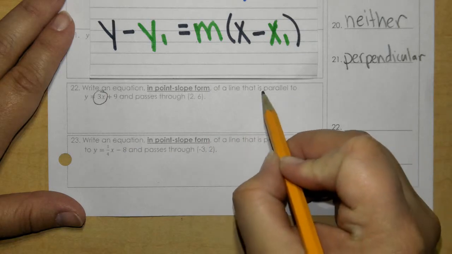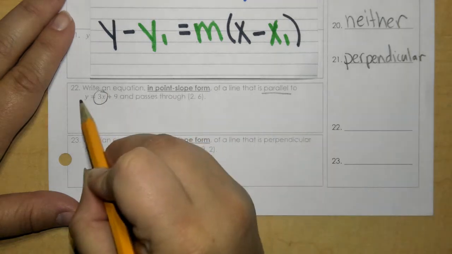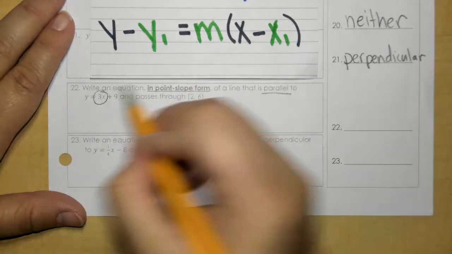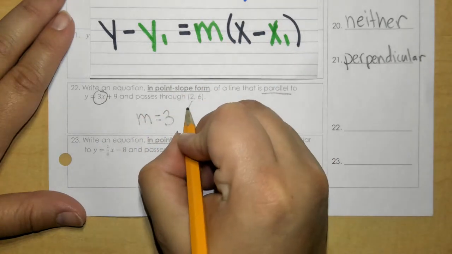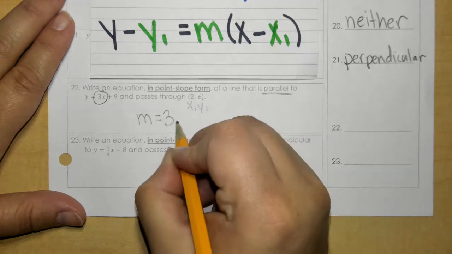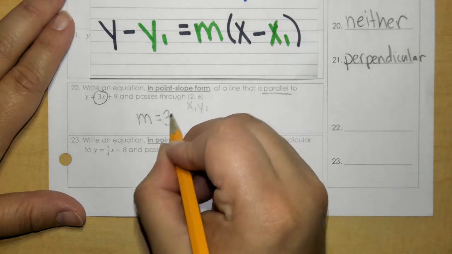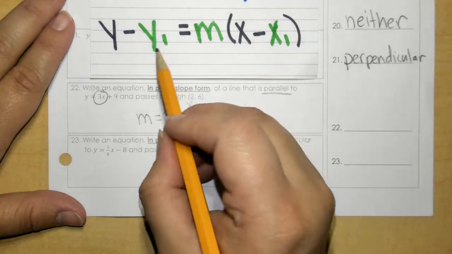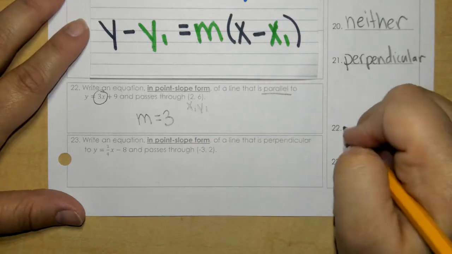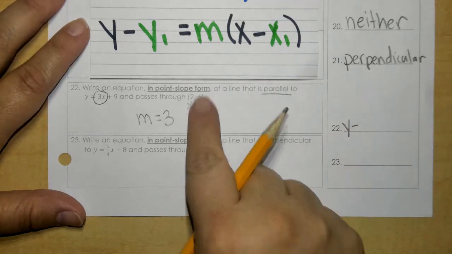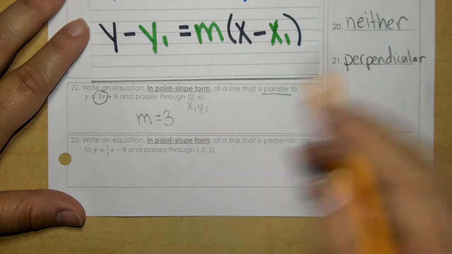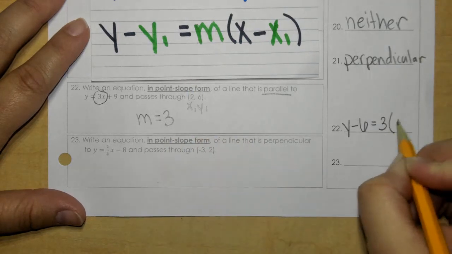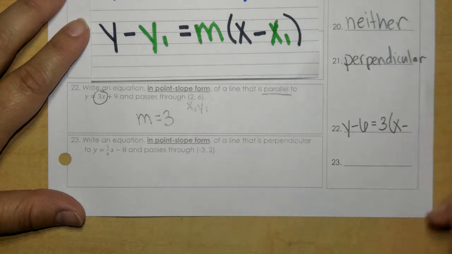And if I'm talking about a parallel line to this equation, I'm talking about the same slope, so 3. My point is x1 and y1. I need to plug these 3 numbers into these 3 variables. So y minus y1 is 6. M is 3. And then we have x minus x1, which is 2.